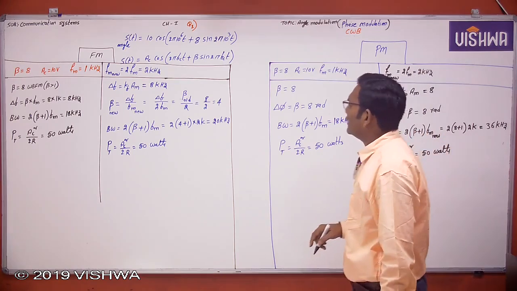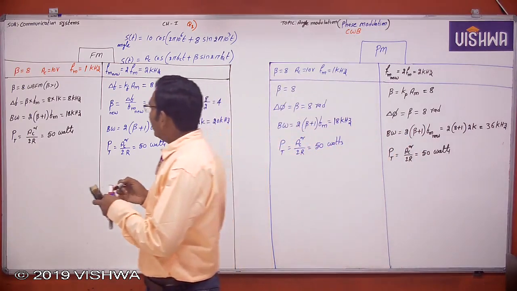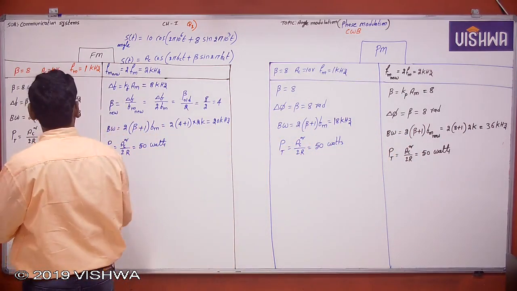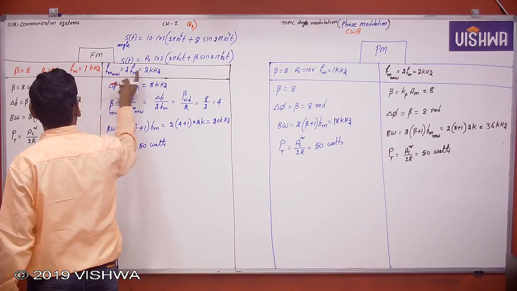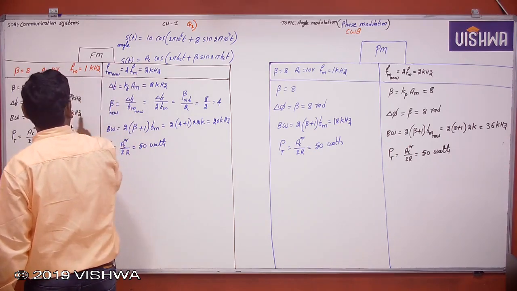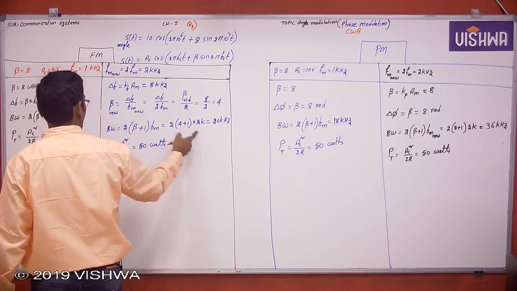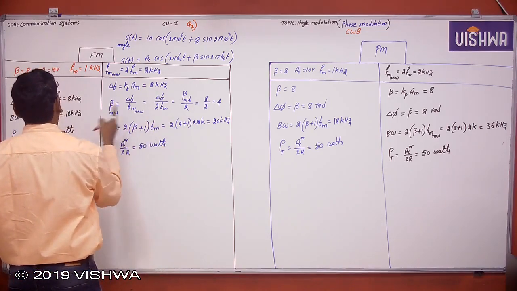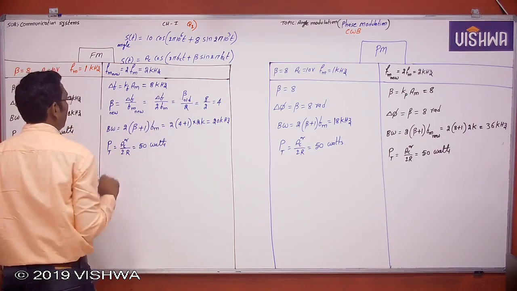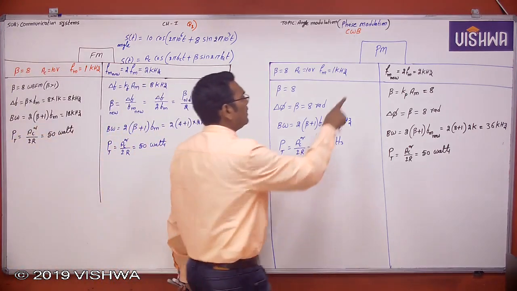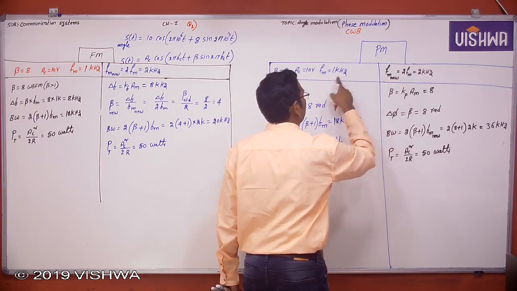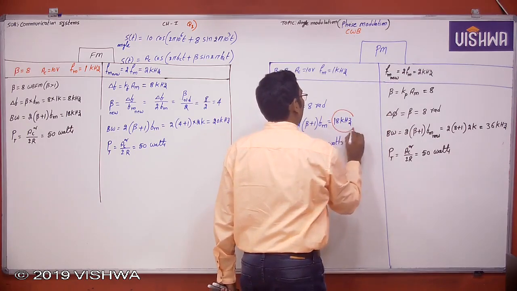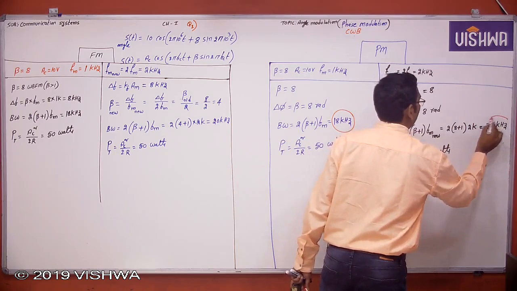Then what you can understand from this problem: when the message signal frequency is doubled, bandwidth is not doubled in FM, only the modulation index is reduced by half. But in PM, when the message signal frequency is doubled, the bandwidth is doubled.